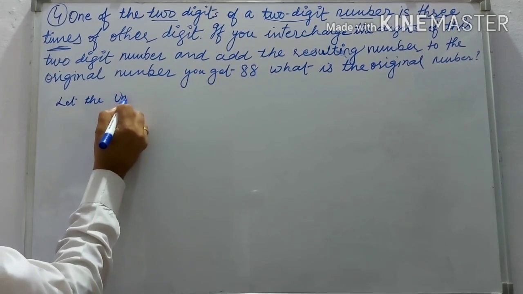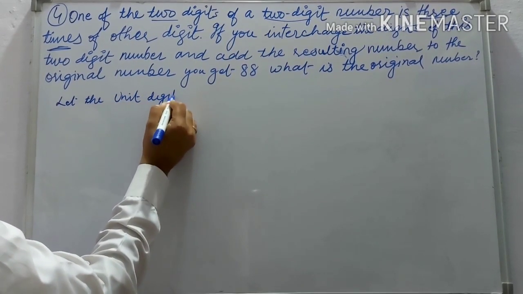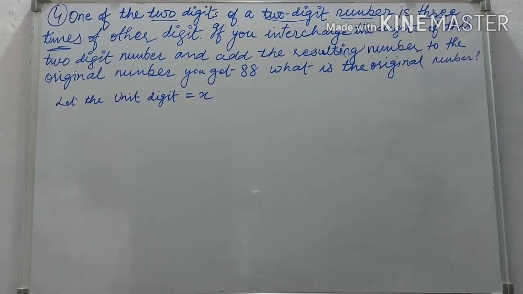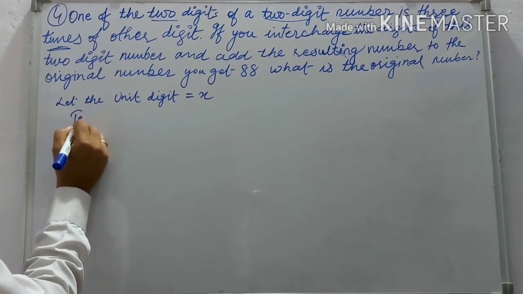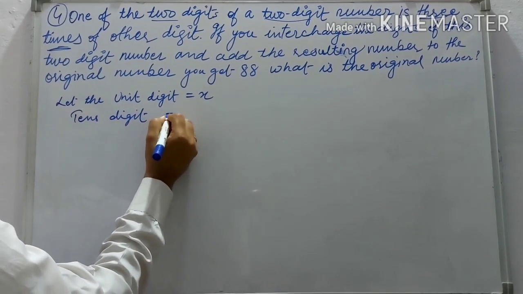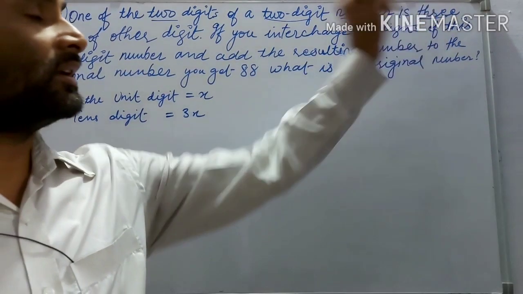Okay, so now let the unit digit be x. The tens digit is equal to 3x, because it is given as 3 times.